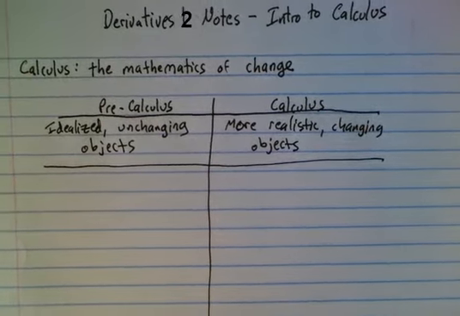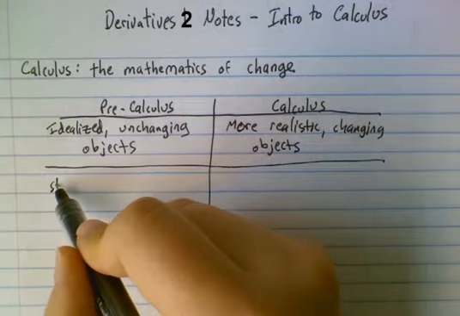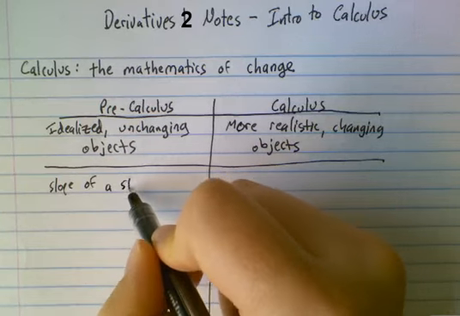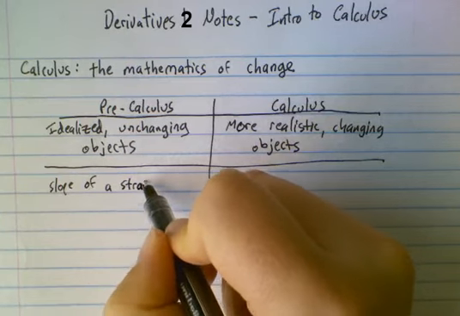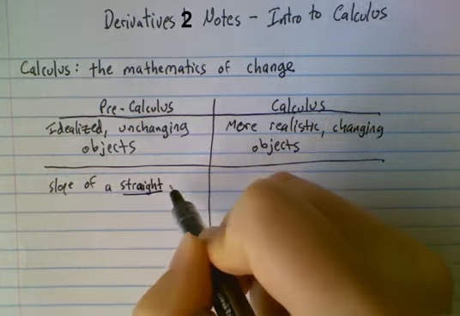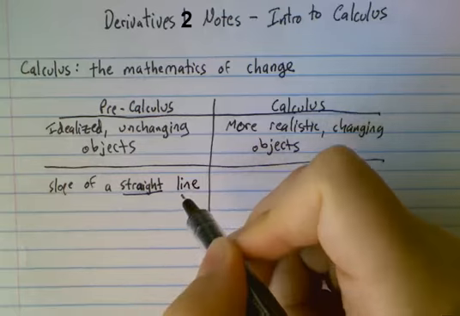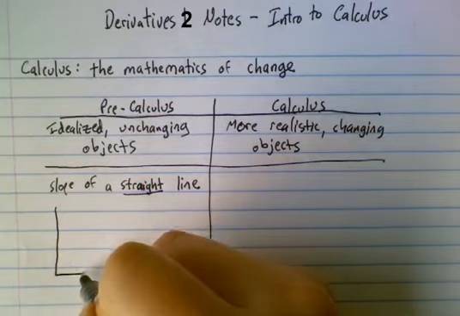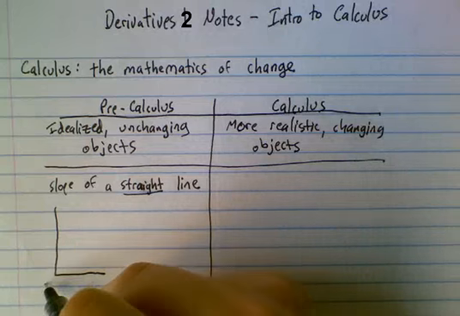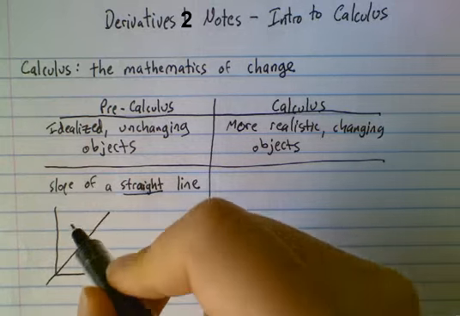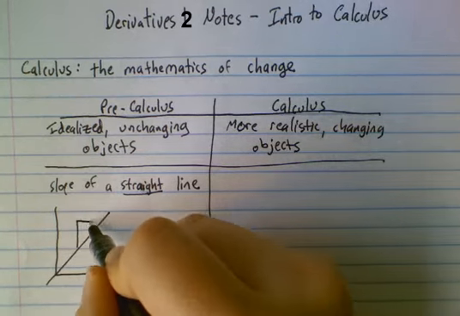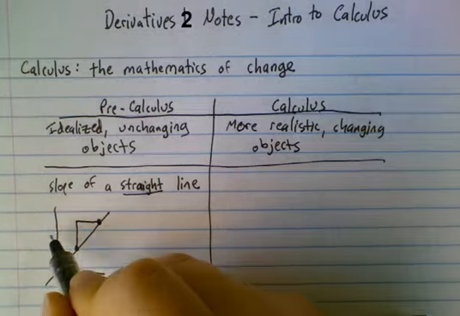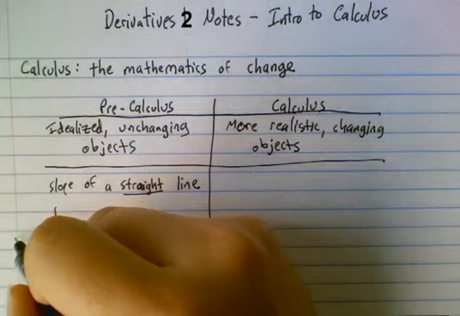So in a similar vein, precalculus is dealing only with the slope of a straight line. So for example, if we have a little line going off like this, then we know that from one point to another point, this distance we call the change in y.